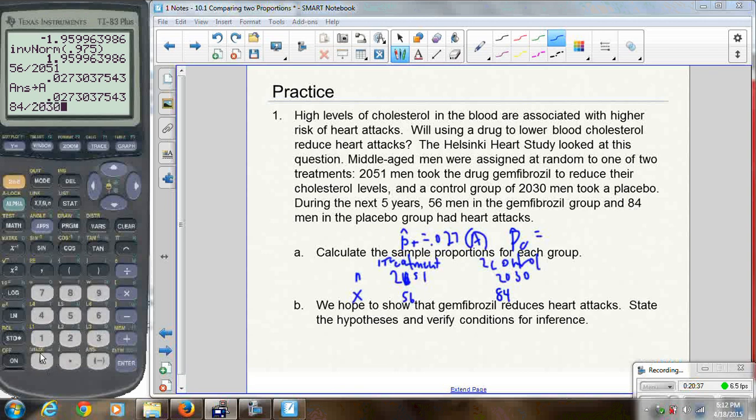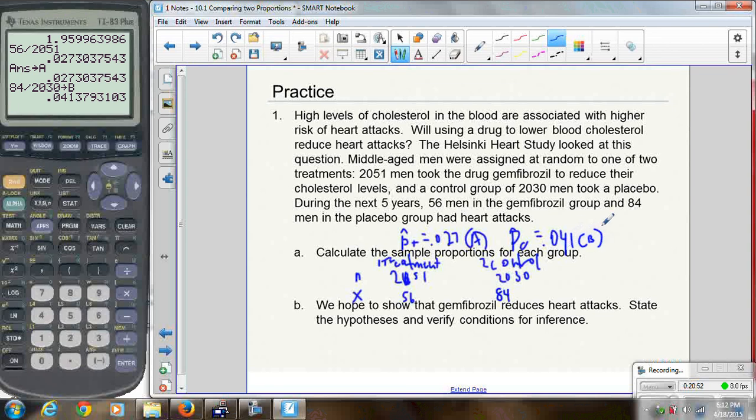Again, I'm going to store that, this time in alpha B. So my control group is 0.041, stored in B. Okay, so that answers question A, calculate the sample proportions.